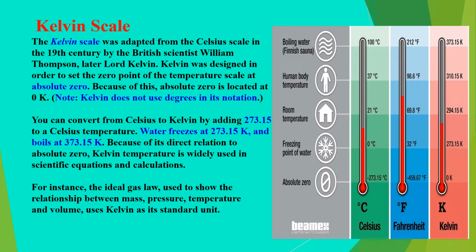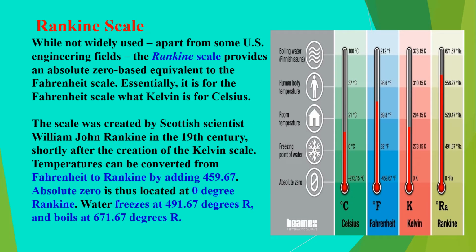The Rankine scale, while not widely used apart from some US engineering fields, provides an absolute zero-based equivalent to the Fahrenheit scale. Essentially, it is for the Fahrenheit scale what Kelvin is for Celsius. The scale was created by Scottish scientist William John Rankine in the 19th century, shortly after the creation of the Kelvin scale.